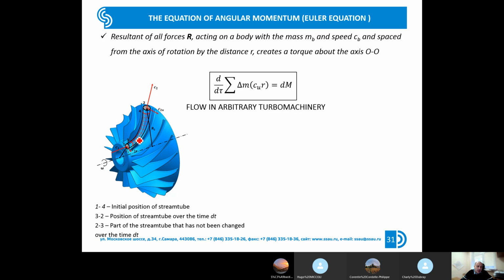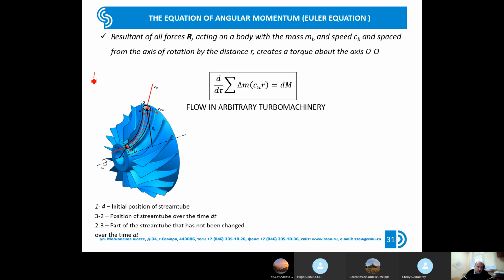Let's split our flow into a huge number of flow tubes, stream tubes. We assume that we are not supplying additional mass inside the tube, and we are not extracting mass from the side of the tube. It means the flow comes in only through the inlet section and goes out only through the outlet section.